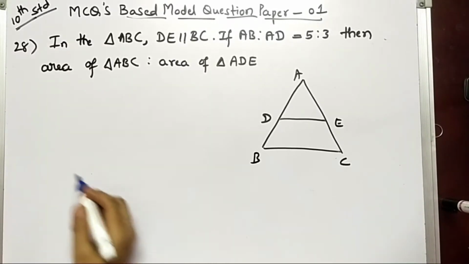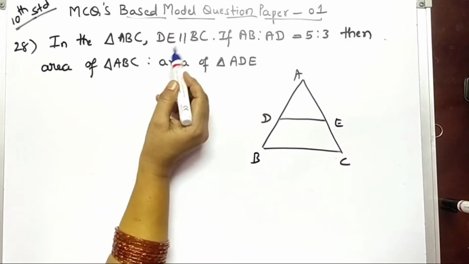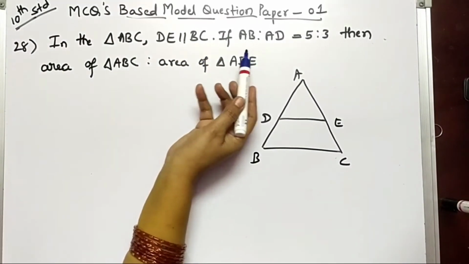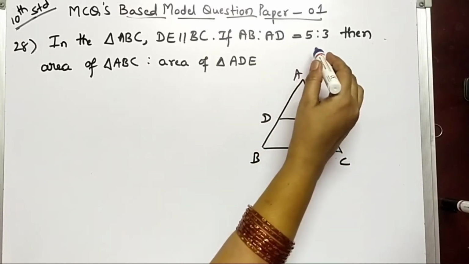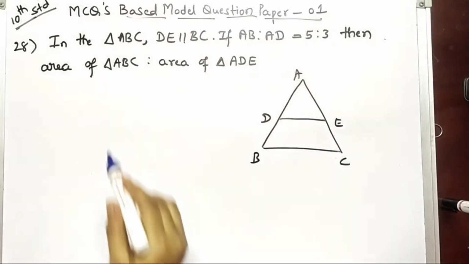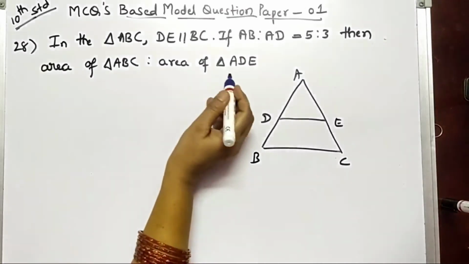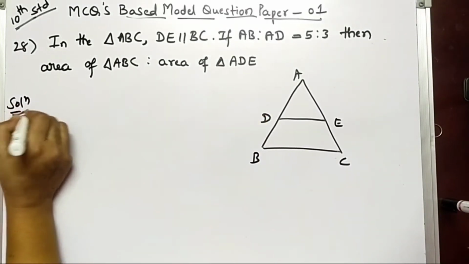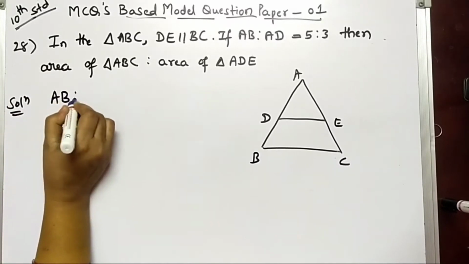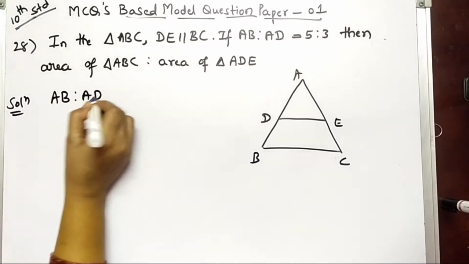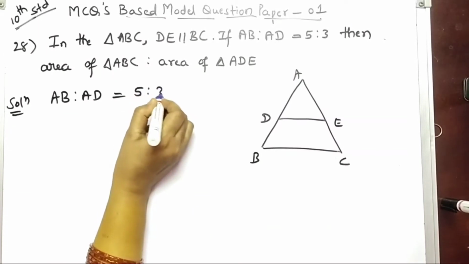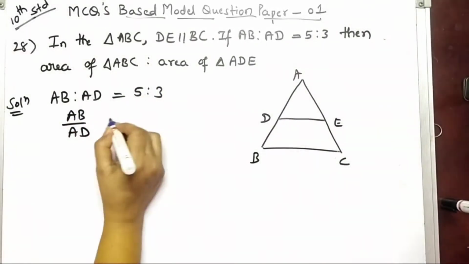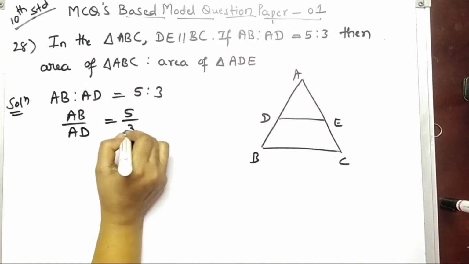Next, question number 28. In the triangle ABC, DE parallel to BC, if AB is to AD is equal to 5:3, then area of triangle ABC is to area of triangle ADE. The given condition is AB is to AD, which can be written as AB by AD is 5 by 3.